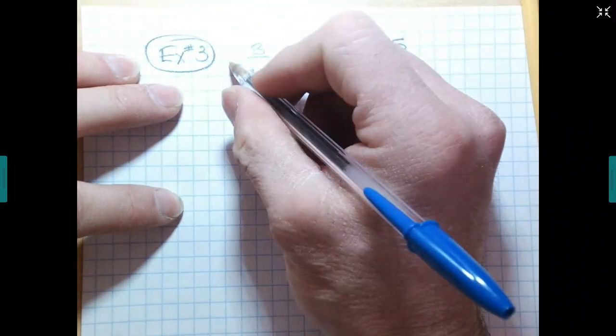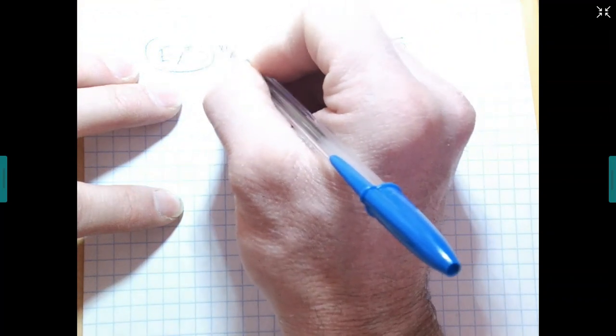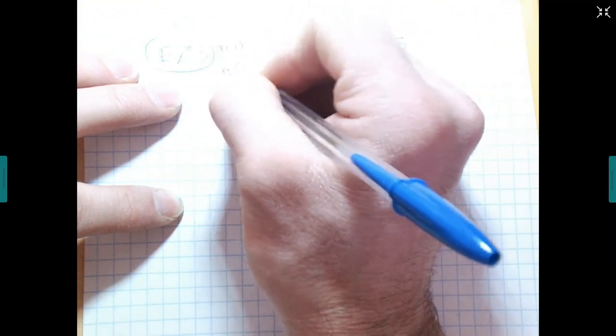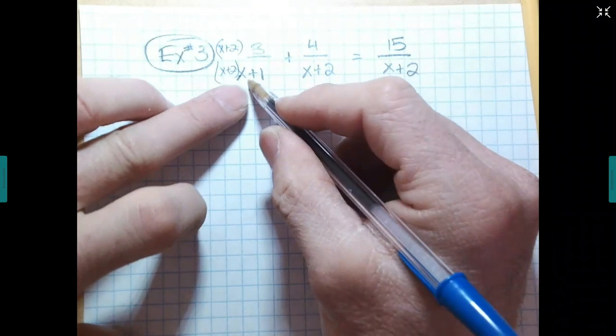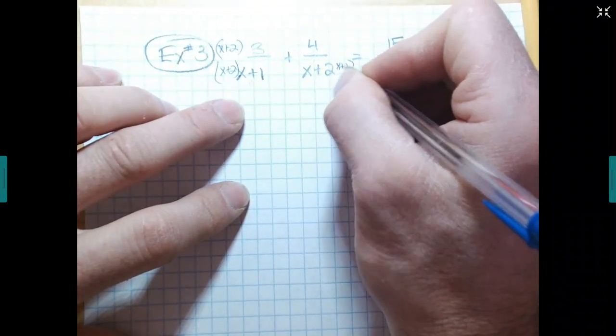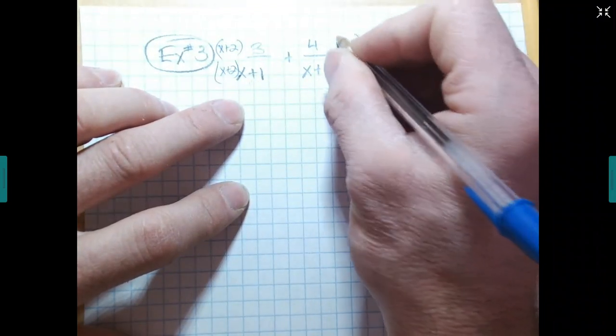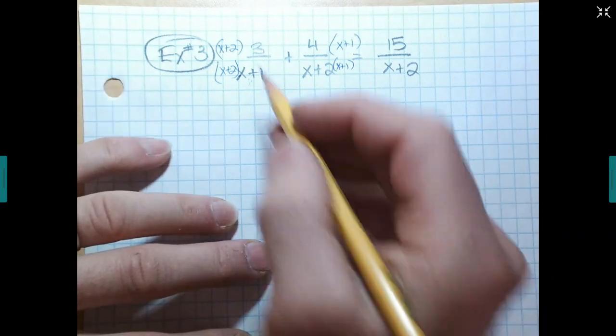So I got to multiply this side by x plus 2, and then this side I have to multiply by x plus 1. So what do I get?